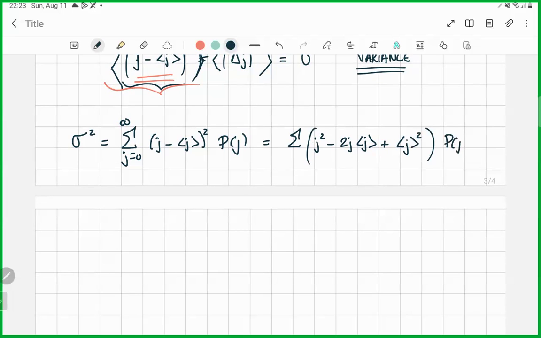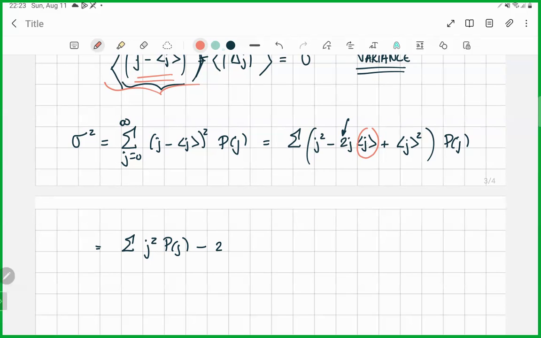Now, a sum of different pieces we can open. The sum of these differences and pluses we can split into three terms, and we'll have j squared pj minus 2. Just as this constant 2, this mean is also a constant that does not depend on j. We already computed the expectation value.